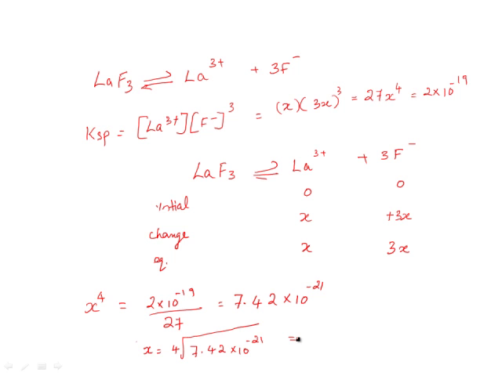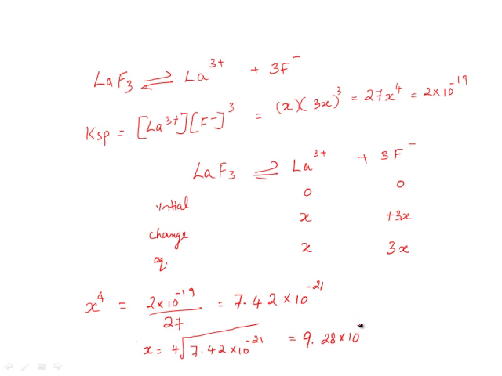7.42 times 10 raised to the power negative 21. I get 0.00009281. So I can write that answer as 9.28 into 10 to the power negative 6.